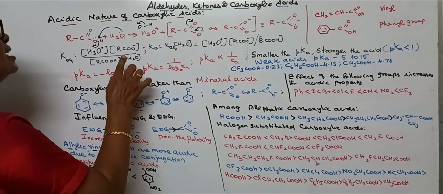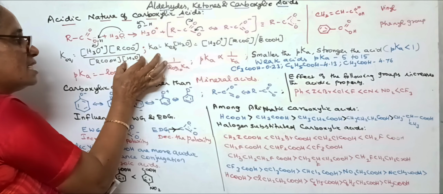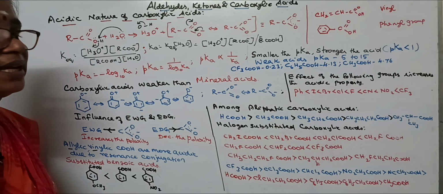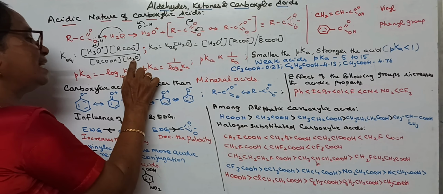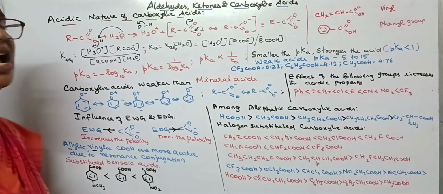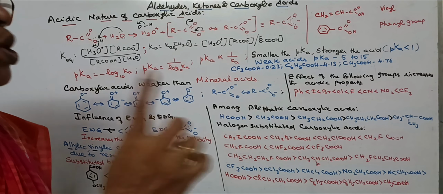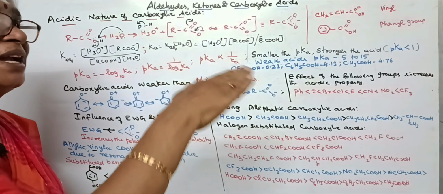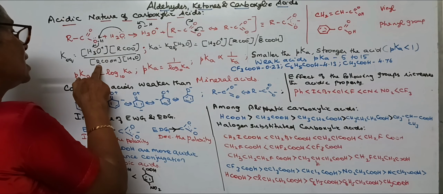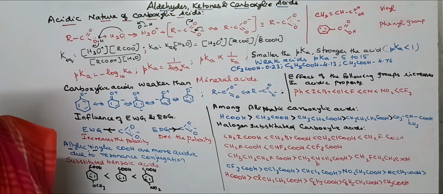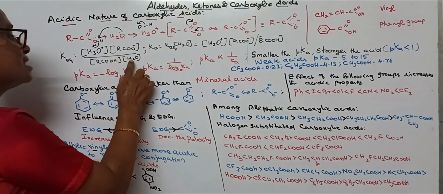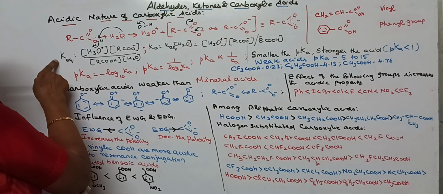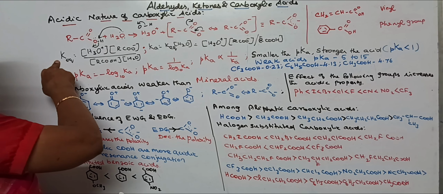And hence, when you compare the concentration of water with the carboxylic acid, we can say the change in concentration of water is negligible. So you can consider the concentration of water to remain constant compared to the change in concentration of carboxylic acid, and hence this concentration of water can be multiplied with the equilibrium constant.